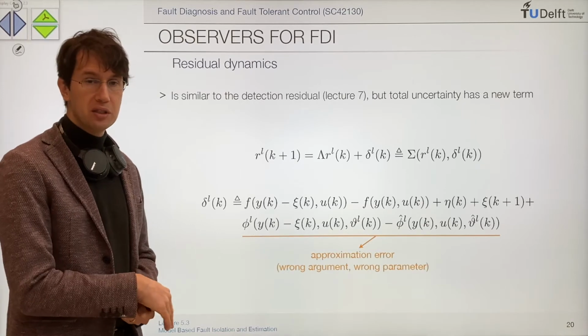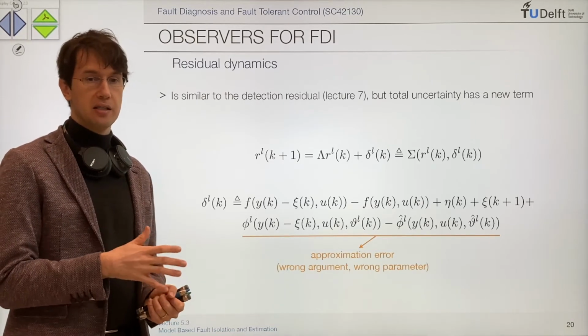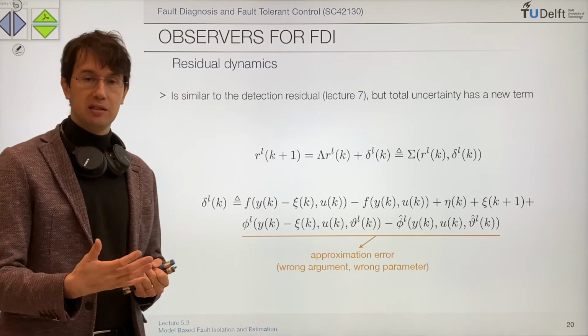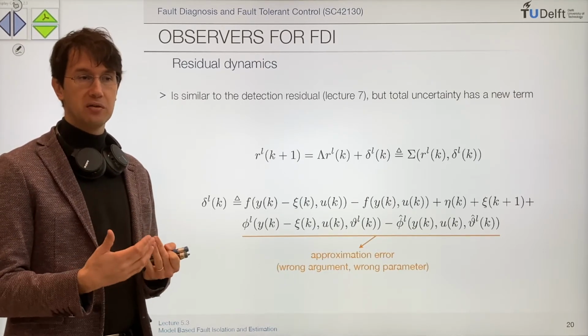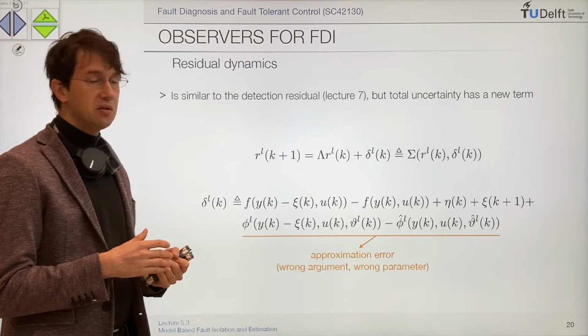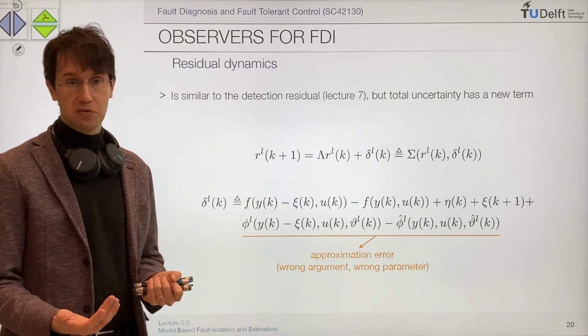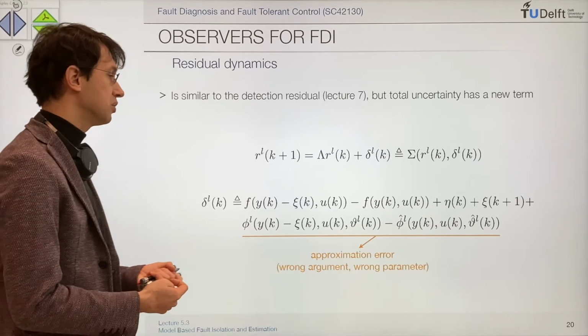So we compute the residual dynamics under the hypothesis that L is present, and we bound it. We compute the maximum value that the residual can have in that case. So when the residual is crossing that, then it means the hypothesis was wrong. And so this is how the threshold should be defined.